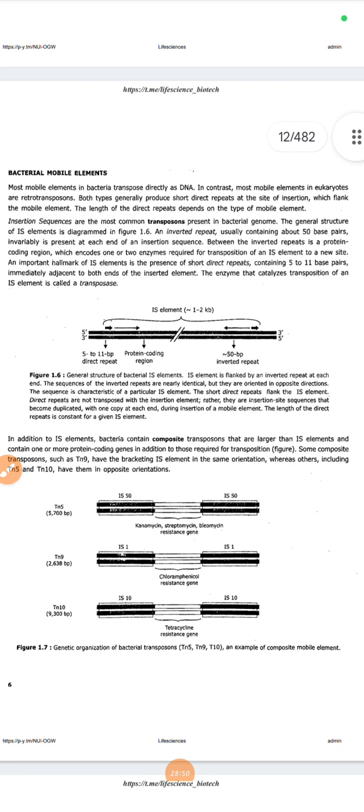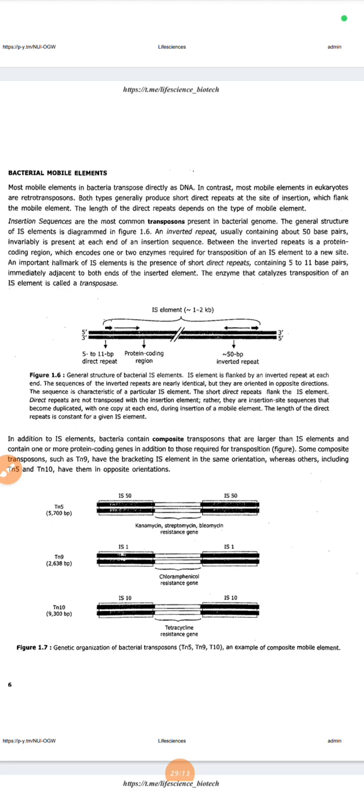Next is bacterial mobile elements. Most mobile elements in bacteria transpose directly as DNA, but in eukaryotes, retrotransposons are more common. Both types generally produce short direct repeats at the site of insertion, which flank the mobile element.